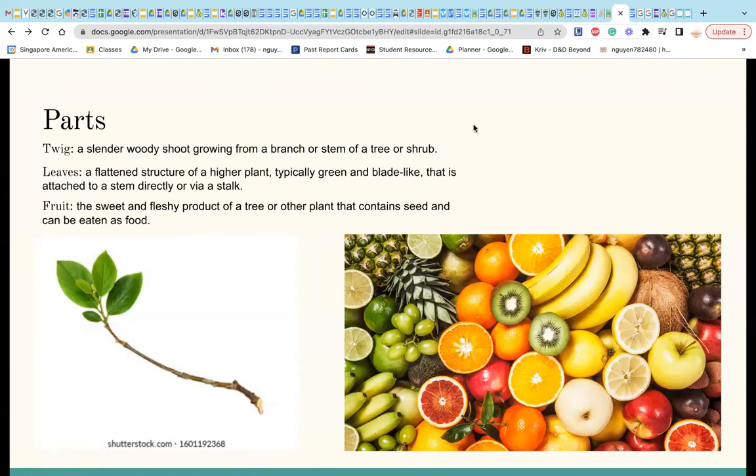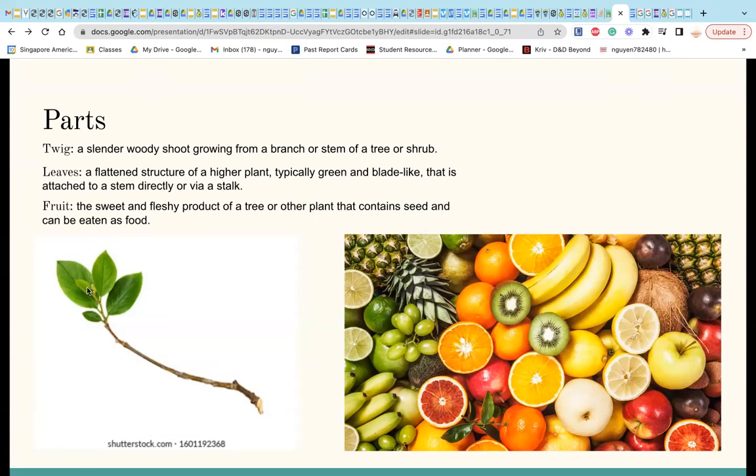And then more parts of the tree. So you have a branch which is thick and possibly big, but we have what is a twig, which is smaller than a branch. It could be growing out of a branch, which is a slender woody shoot growing from a branch or a stem of a tree or a shrub. In the picture on the left, that's a twig, very small and thin.